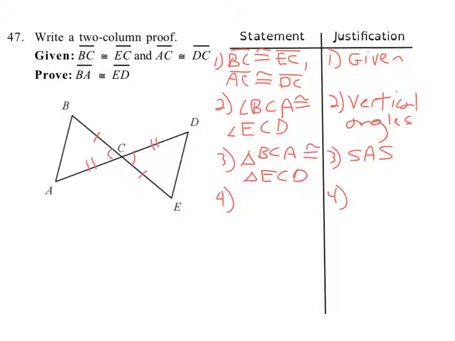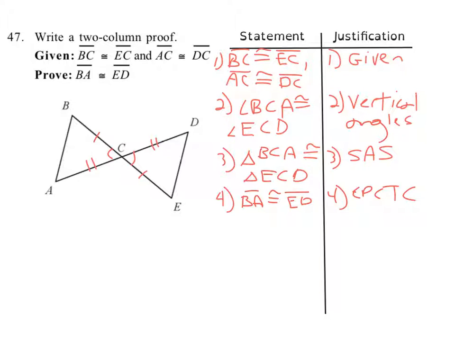So we can write it as segment or side BA is congruent to ED, terribly sloppy. How do we know this? We know this because corresponding parts of congruent triangles are congruent.